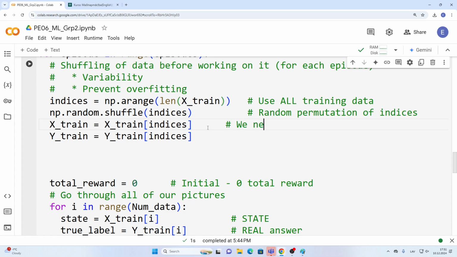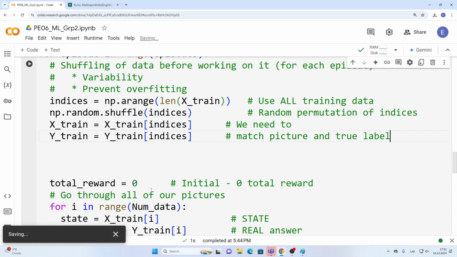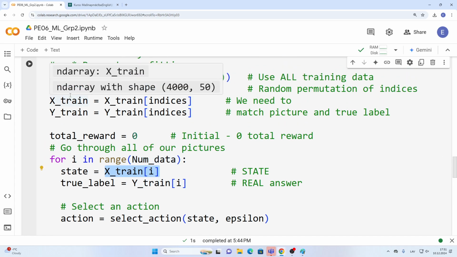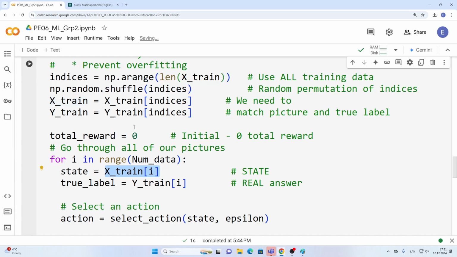So we need to match picture and true label. Now, with that in mind, when we are going to go here with this data, now it's going to be random and covering more or less all of the range that we want to deal with.